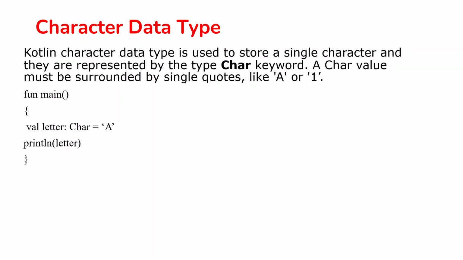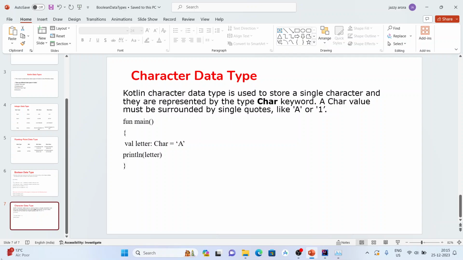For example, let's create one program. I have created one variable letter of type char, and I have assigned it the character a. After that I printed it. Let's run it in our IntelliJ IDE.